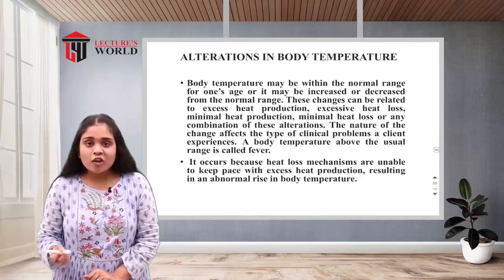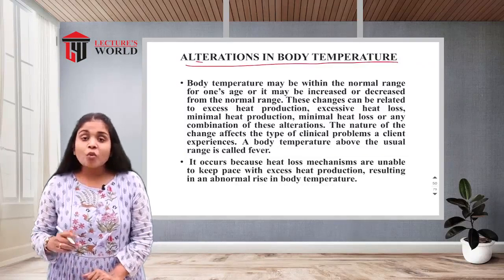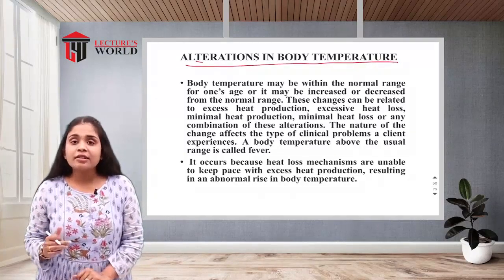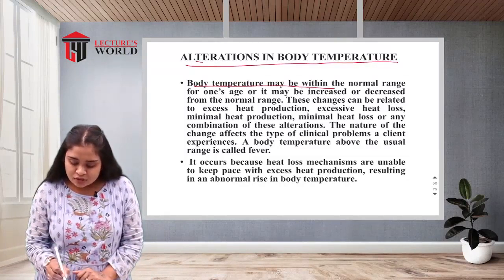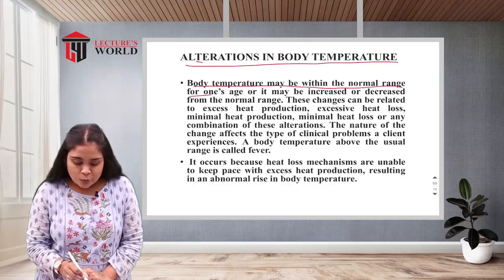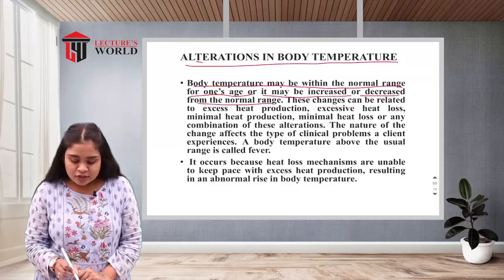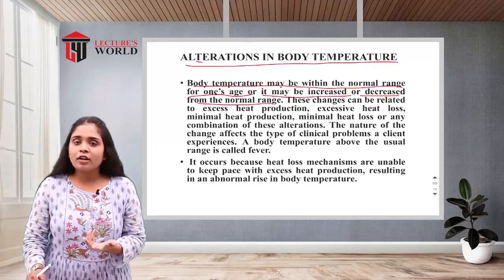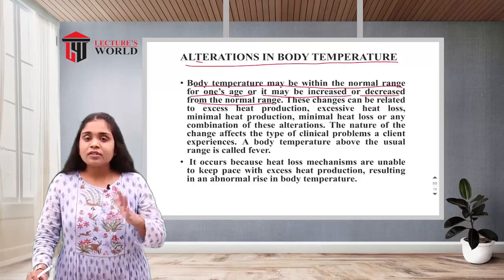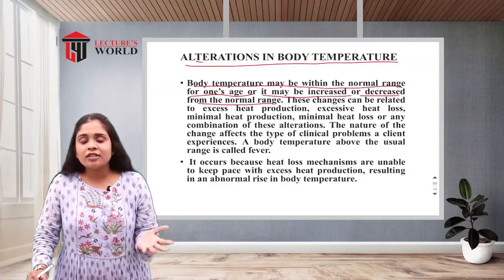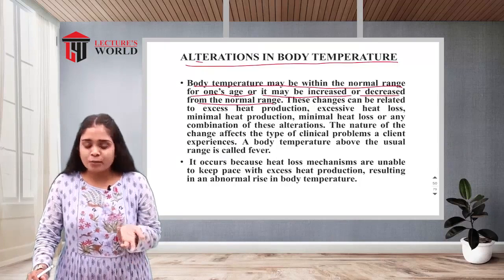Now we'll be talking about the alteration in body temperature. What kind of alteration can there be in the body, that we'll see. Body temperature may be within the normal range for one's age, or it may be increased or decreased from the normal range. As we know the normal range of temperature, if it is going up it is going to cause a problem, and if it is less, then also it is going to cause a problem.